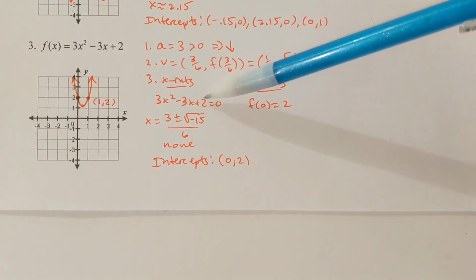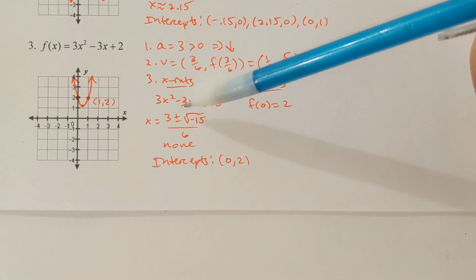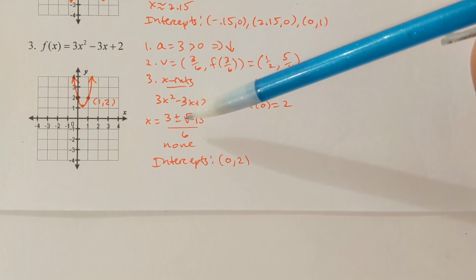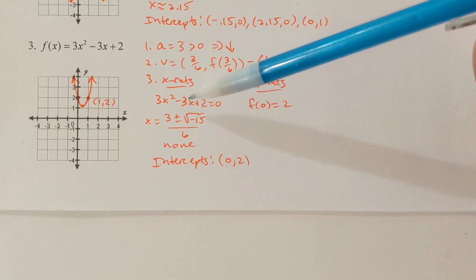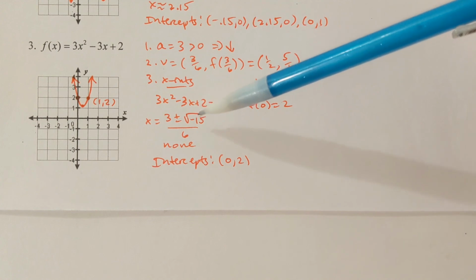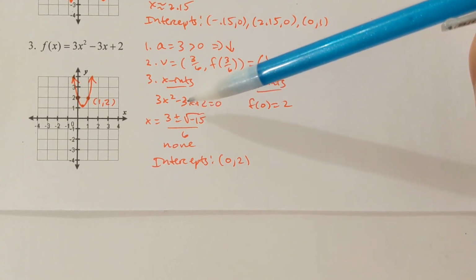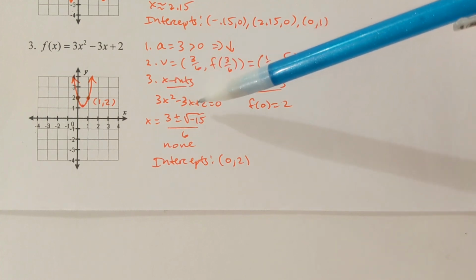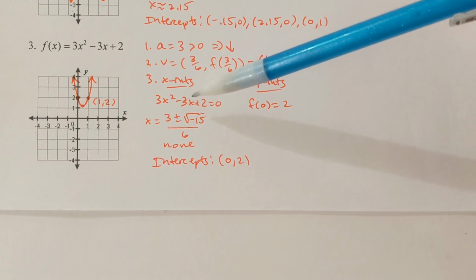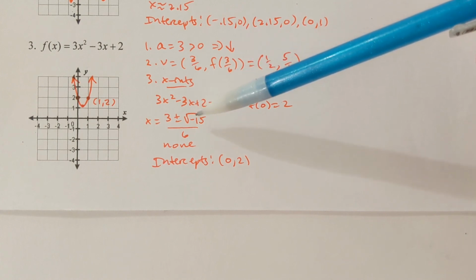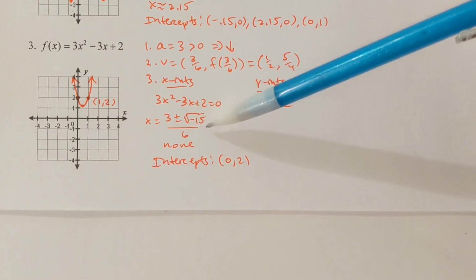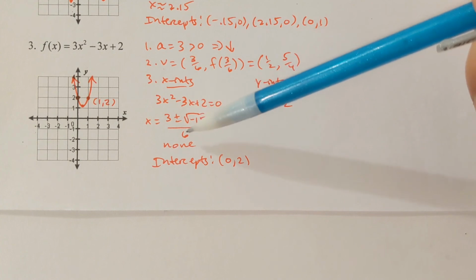The x-intercepts, negative b plus or minus the square root of b squared minus 4ac, all over 2a. 3 plus or minus the square root of negative 3 squared is 9, minus 4 times a times c. 4 times 3 times 2 is 24. 9 minus 24 gives me negative 15, divided by 2a, which is 6.